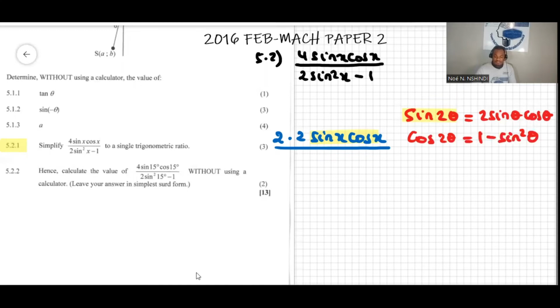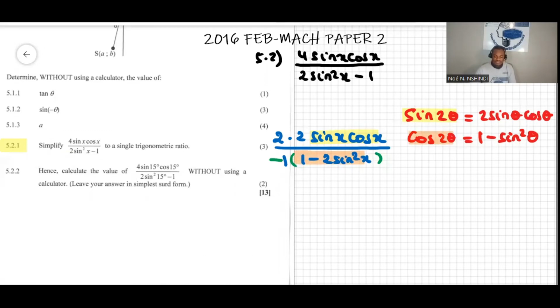If I want to get it the same, I can take out a negative sign and reverse the order, so it becomes negative 1 times 1 minus 2 sine squared x. If you multiply by negative 1, you retrieve 2 sine squared x minus 1.